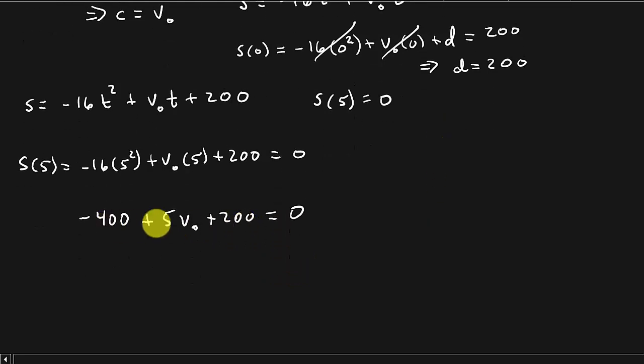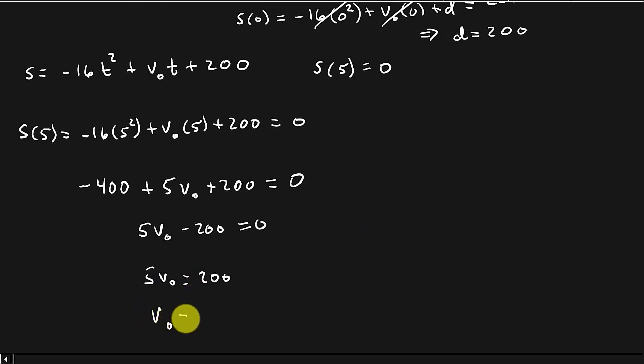And so this is negative 200. So 5 V0 minus 200 equals 0. So 5 V0 is equal to 200. And so that gives me V0 is equal to 40.